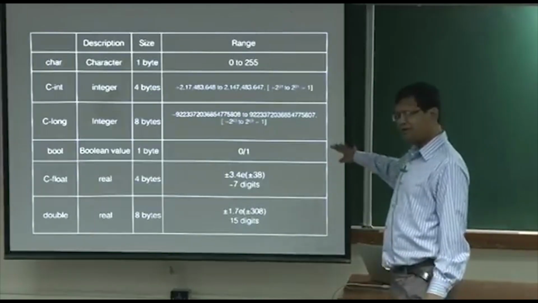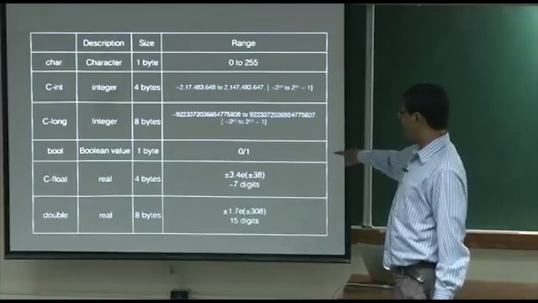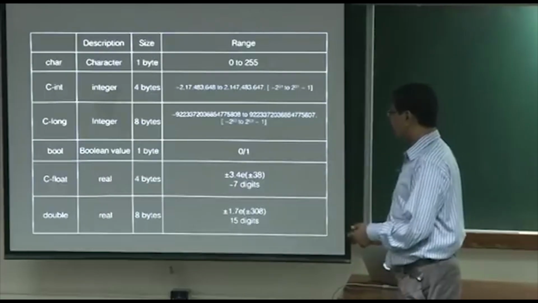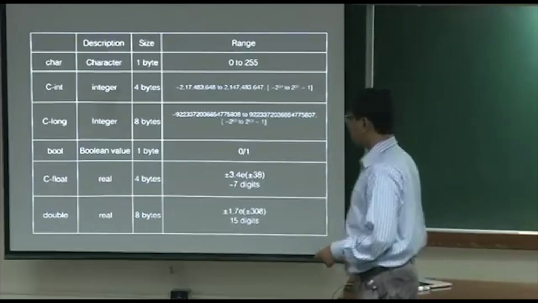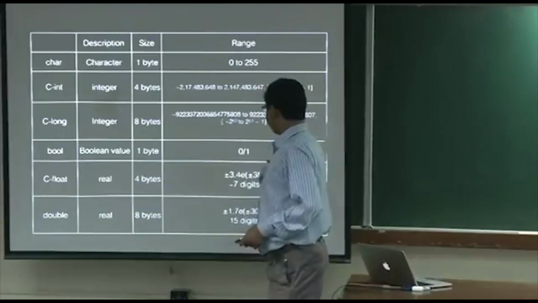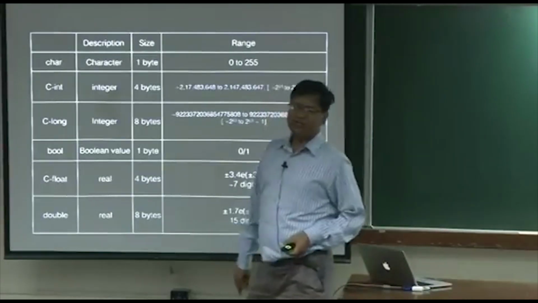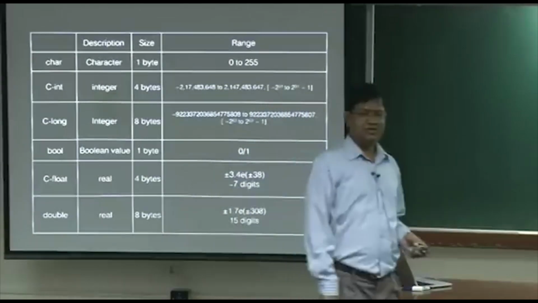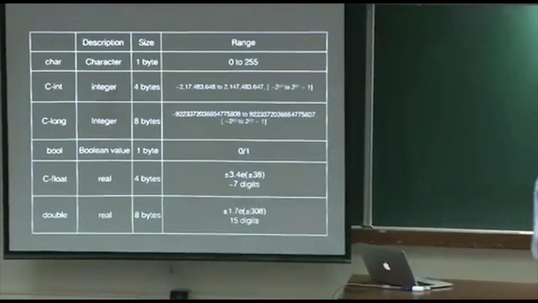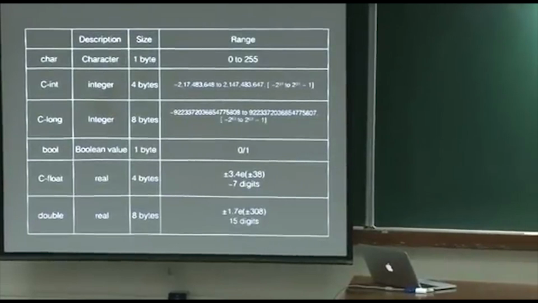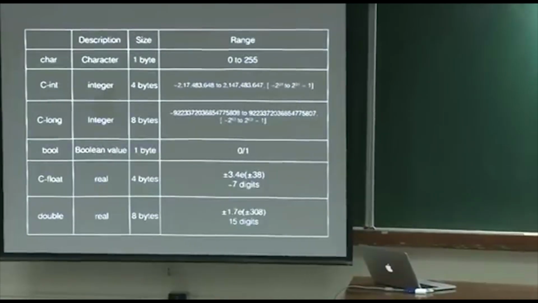I will tell you a little later about how it is stored. So the maximum with a C float is only up to 10 power 38, nothing beyond.